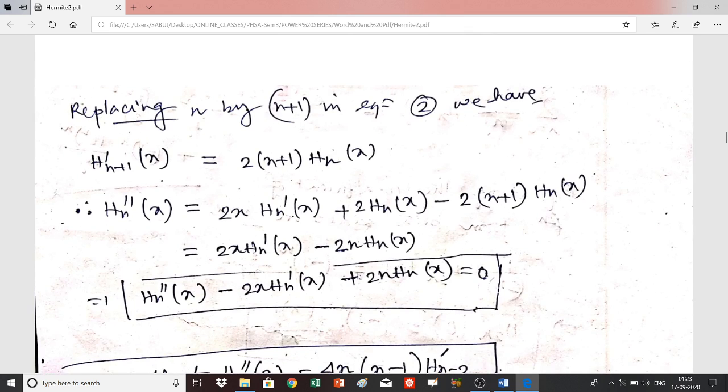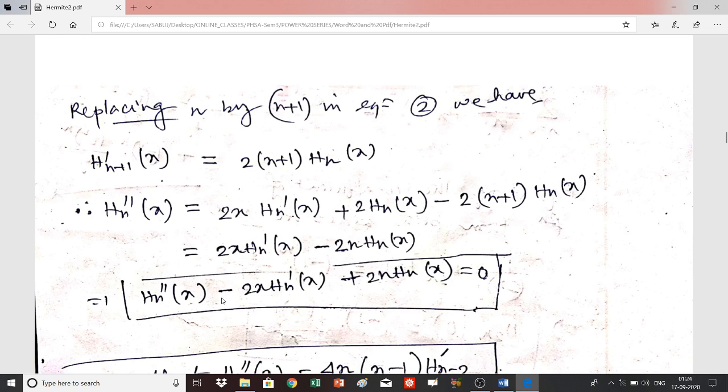That is equal to 2x hn prime x, and this term can be written as 2n hn x minus 2 hn x, and the 2n hn x with a minus sign will cancel with the 2 hn x. So you can write it is equal to 2x hn prime x minus 2n hn x.